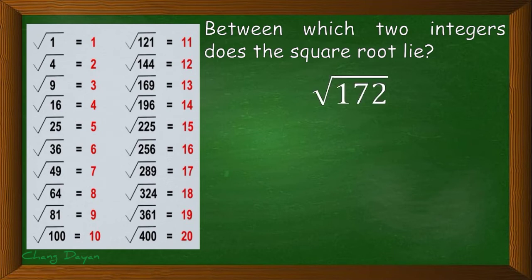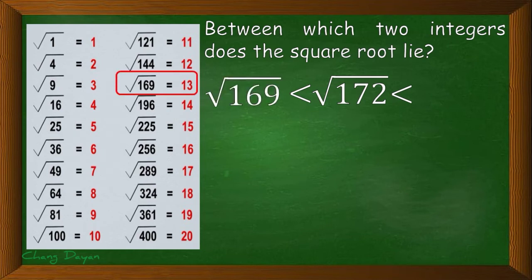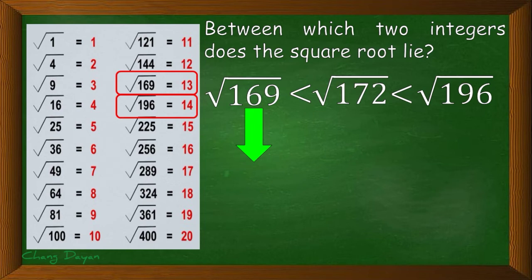So square root of 172 must be greater than what number? We have square root of 169, but less than square root of 196. Again, extract lang natin. What is the principal root of square root of 169? The answer here is 13.